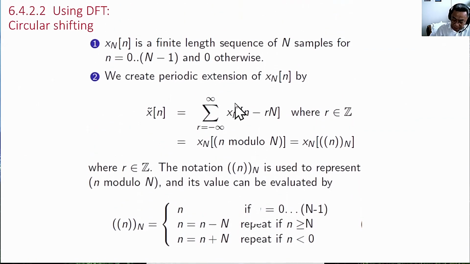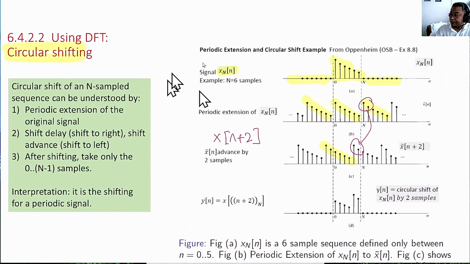To interpret, you should look at this diagram to understand that when we are shifting by delay or advance, then the extension is being shifted into what we can see for this N sample window. That's what we're talking about.